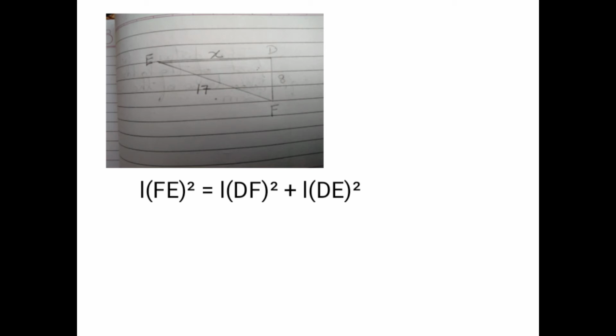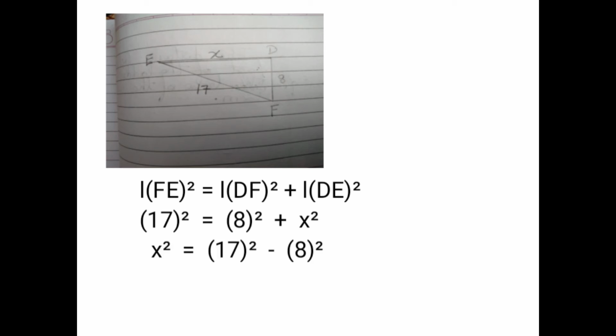So you have to find side 2 square again. 17 square is equal to 8 square plus x square. X square, take it on the left side because you have to find the value of x. When you are finding the second side, always take x on the left side.